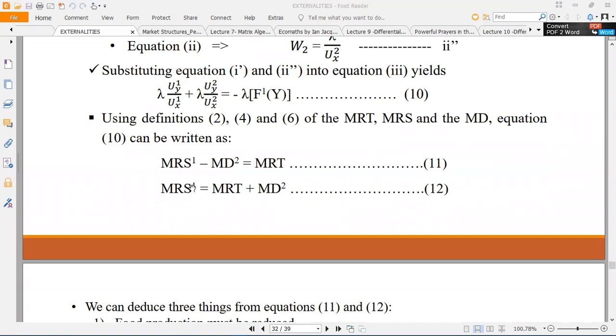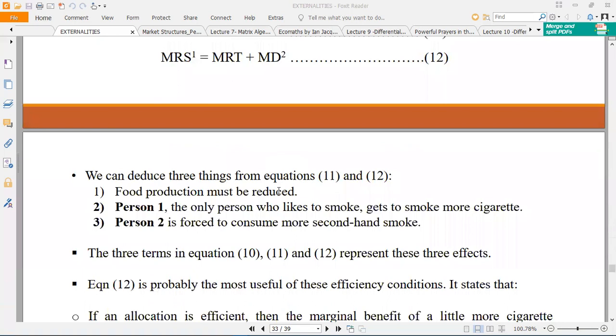Marginal rate of substitution for individual 1 should be equal to the sum of the marginal rate of transformation and the marginal damage. That is the harm being done to the second person as a result of consumption of y by individual 1. So from here, what is going to happen is that we need to reduce food production.